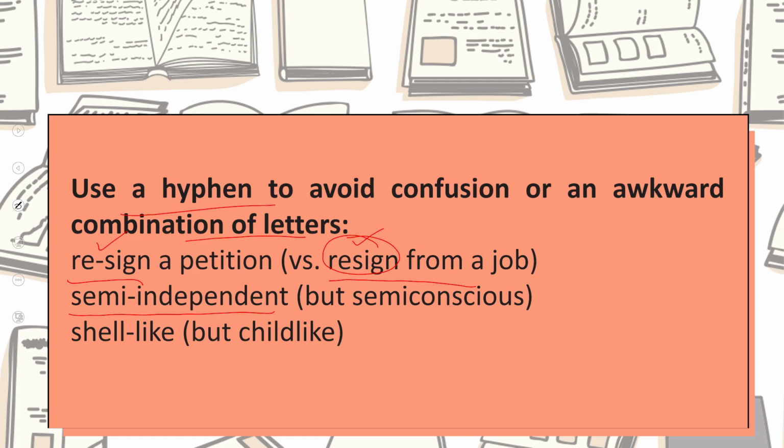Semi-independent: here you can use your hyphen, which means something that is not fully independent. But you cannot use a hyphen in the word semiconscious. Shell-like: in this one, you use your hyphen, like a shell, it's an adjective. But for childlike, you cannot use it.